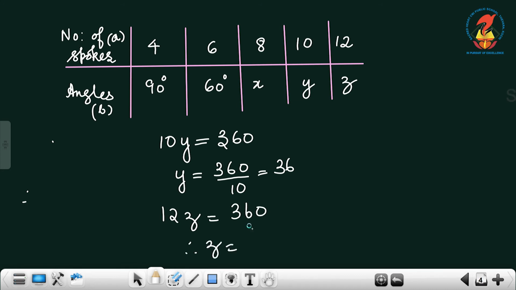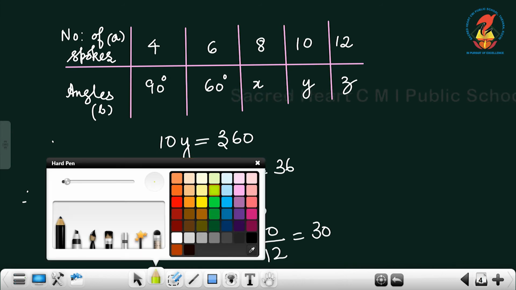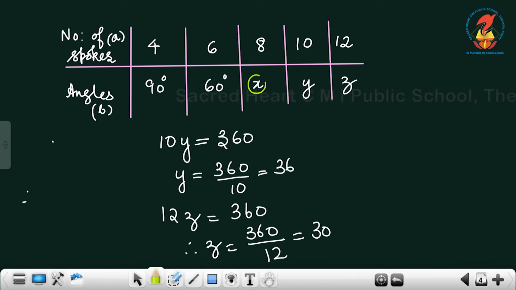Therefore, Z equals 360 by 12, which is equal to 30. So we got the unknown values. What did we get? X. We got X as 45 degrees, then Y as 36 and Z as 30.